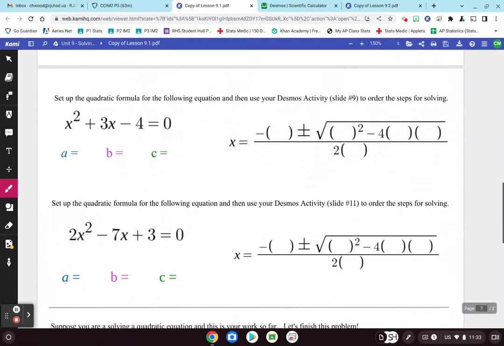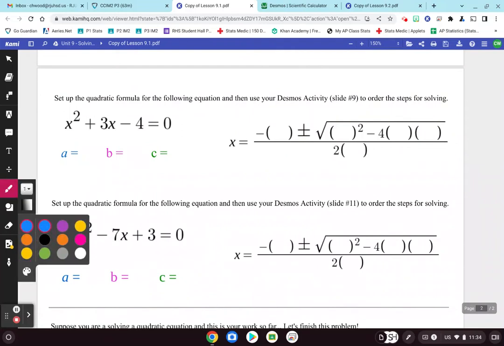So let's set this up. I'm going to have you do the Desmos problems afterwards, although if you've already done them, that's okay. You could just kind of check your work. If you're doing this, start with your A number, your B number, and your C number. And then you're going to need to drop them into the formula where they go in the appropriate place. So when you're doing this, you probably need the formula in front of you.